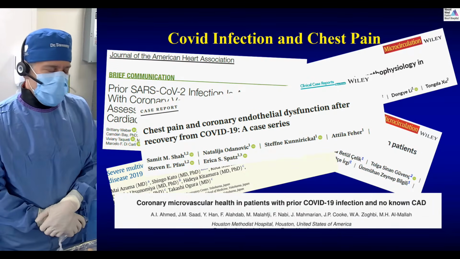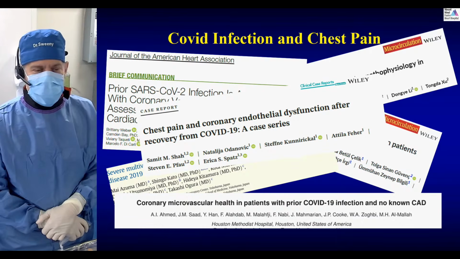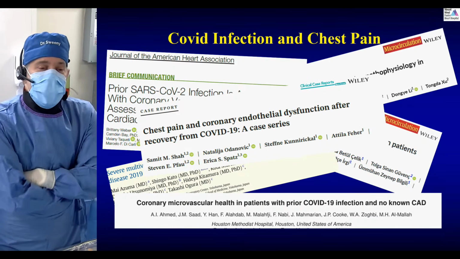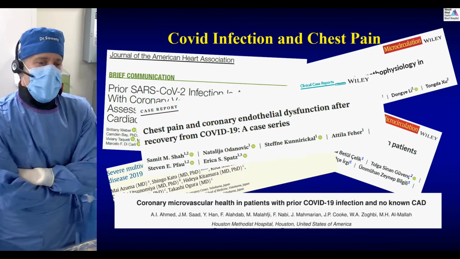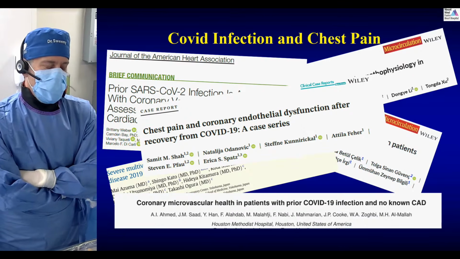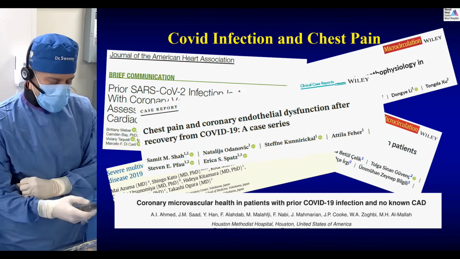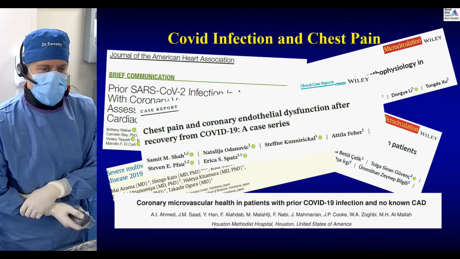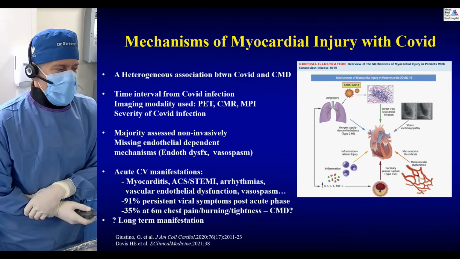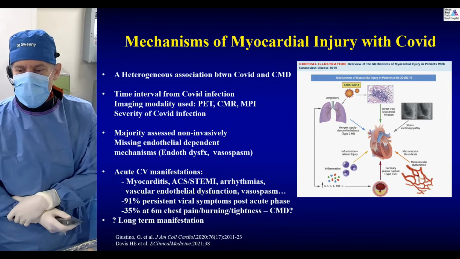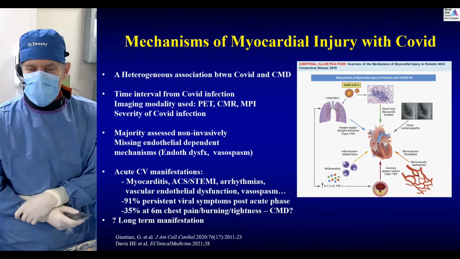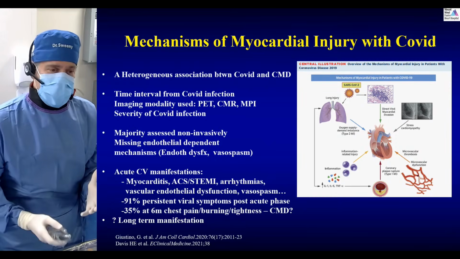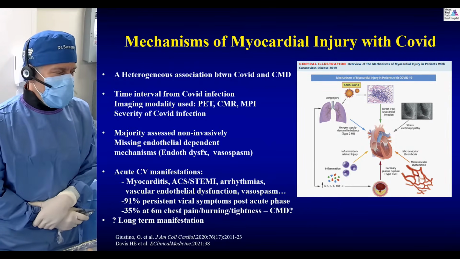Very few, actually Dr. Shah was one of them, did a case series doing invasive testing in patients with COVID and ANOCA. But with the amount of literature that came out, there was an immense amount of heterogeneity in how these patients were managed, how they were tested, and when they were tested, and so it created a lot of confusion.